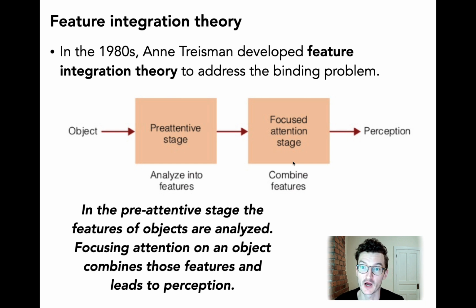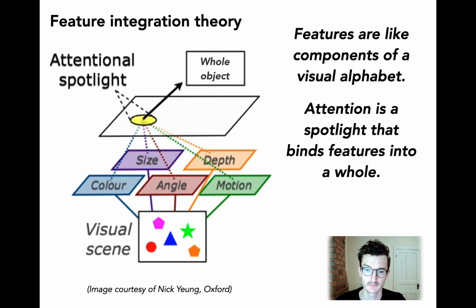So the cells that are firing for the different features that make up the object are bound together by attention, and you perceive the object as it actually looks, containing the features that it actually has in the real world. And so this is feature integration theory. We can think of features as components of a visual alphabet, and attention is kind of like a spotlight that binds features together into a whole.